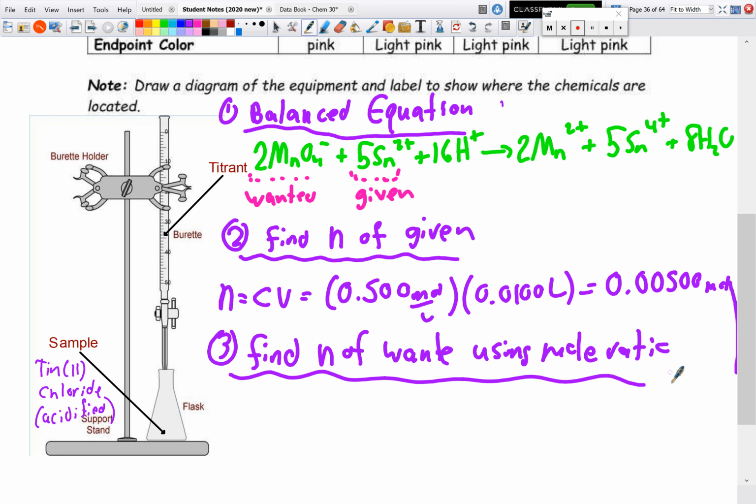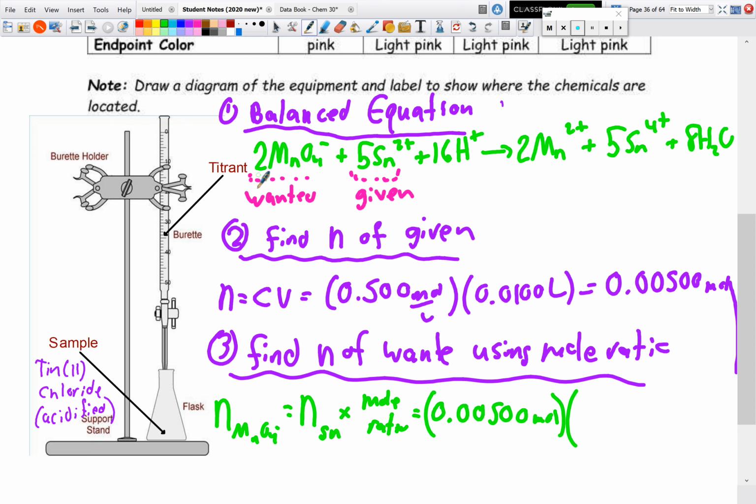So our next step, step 3, find the number of moles of our wanted using our mole ratio. So of course that is number of moles, in this case right here, of MnO4 minus is going to equal number of moles of our tin times our mole ratio. And that is equal to what we just solved, 0.00500 moles.